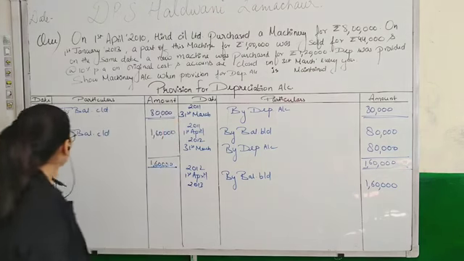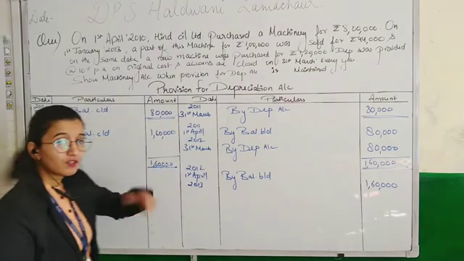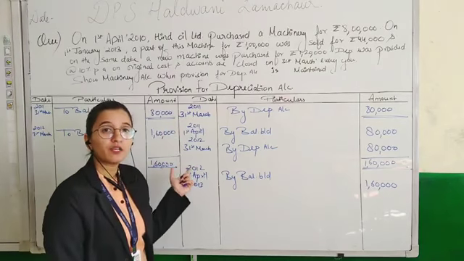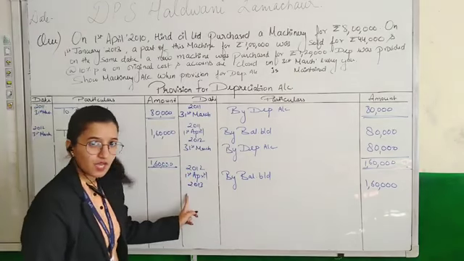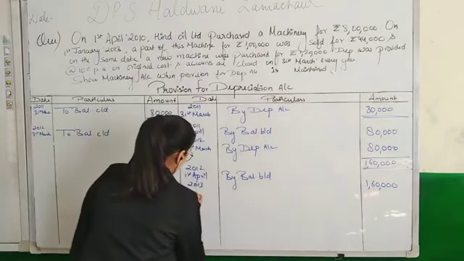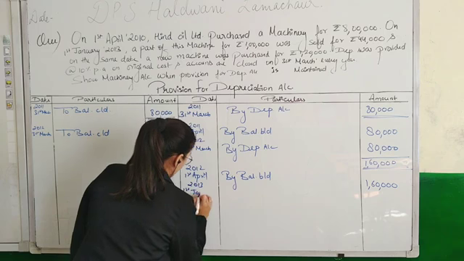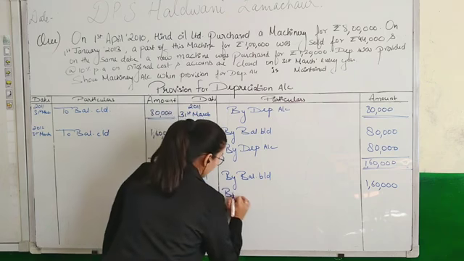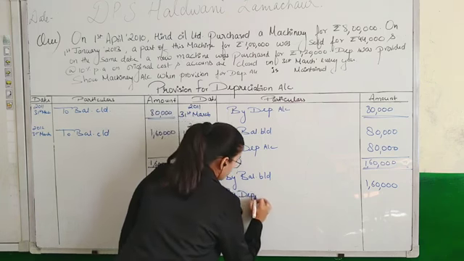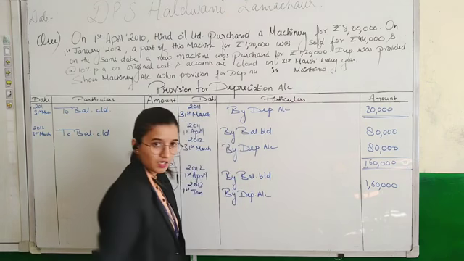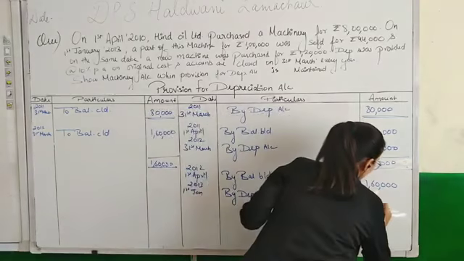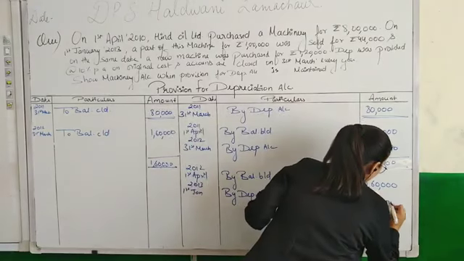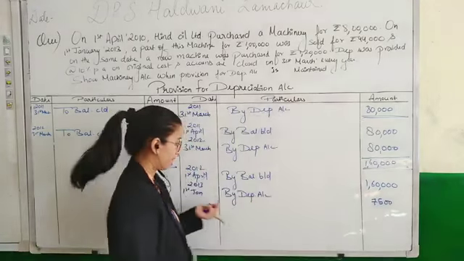Why? Because the part of the machinery before selling has been used for the period of 9 months, from 1st April to 1st January. We will write it as by depreciation account, and the amount of depreciation was 7,500.